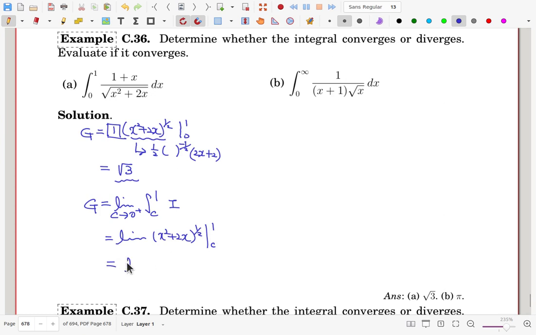At 1 we get the square root of 3, and at c we get (c squared plus 2c) to the half power. Once c approaches 0, that becomes 0, so again you get the square root of 3.